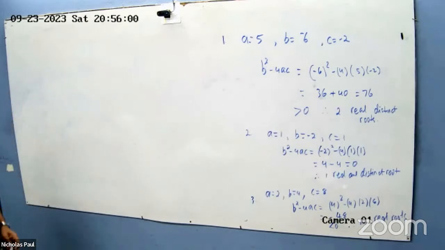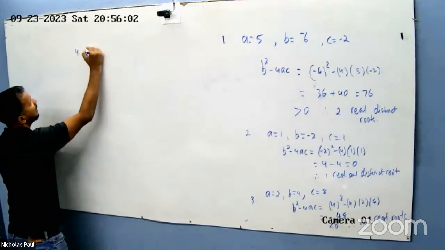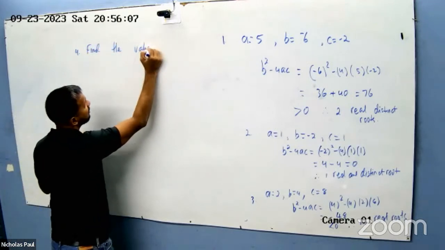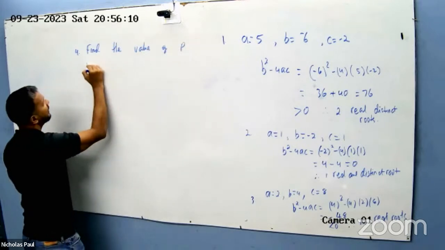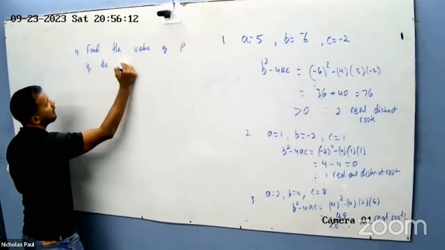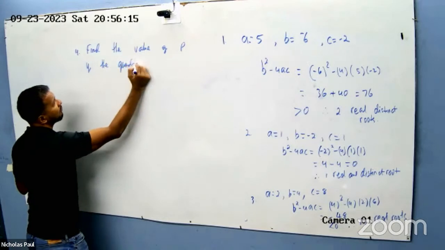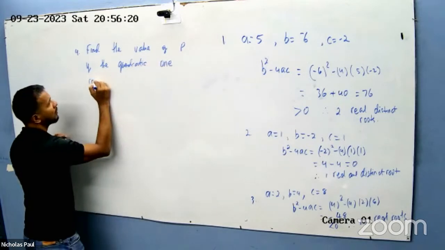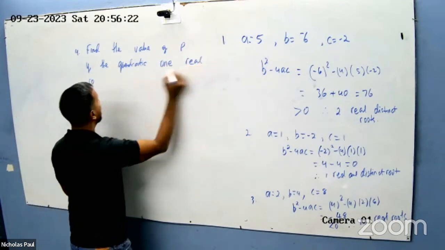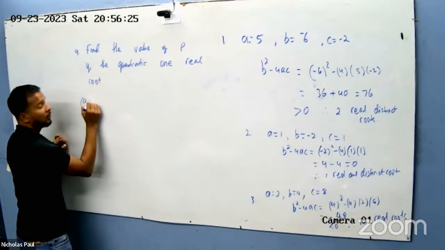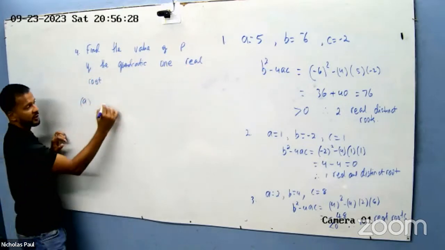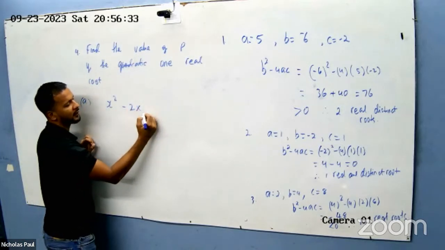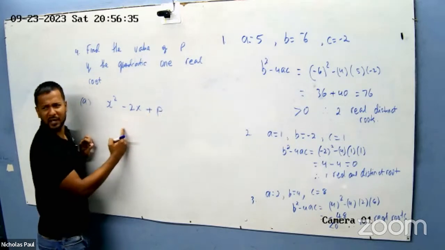All right, so let's change it up slightly. Let's find the value of P if the quadratic has one real root. So I'll give it three different versions: x squared minus 2x plus, wait, that's the one I gave you earlier.